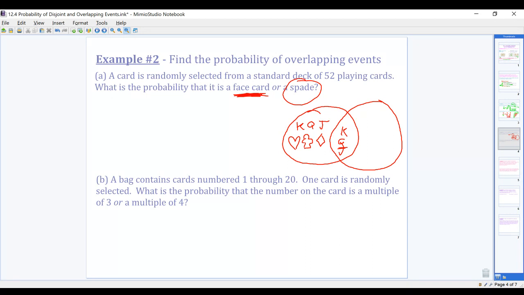But then the other side, we have spades. These are all just spades over here, right? These are face. So 10, 9, 8, 7, 6, 5, 4, 3, 2. There's 10 over here. I don't know if I can draw them all.